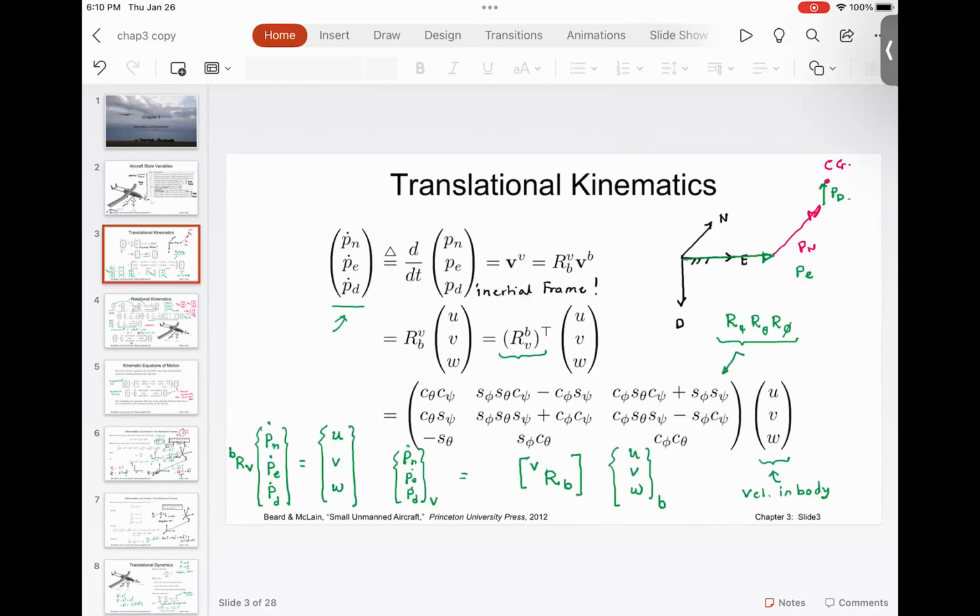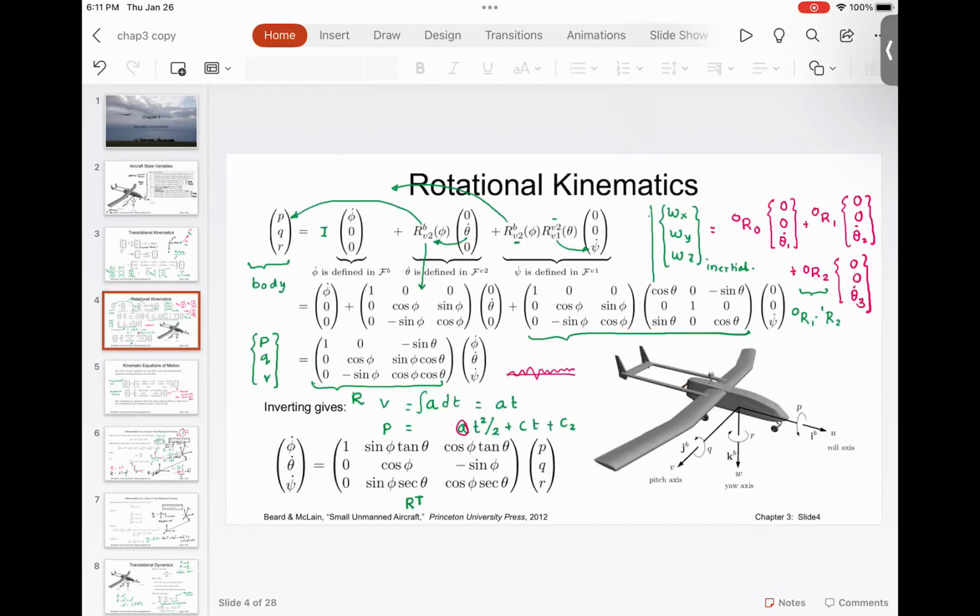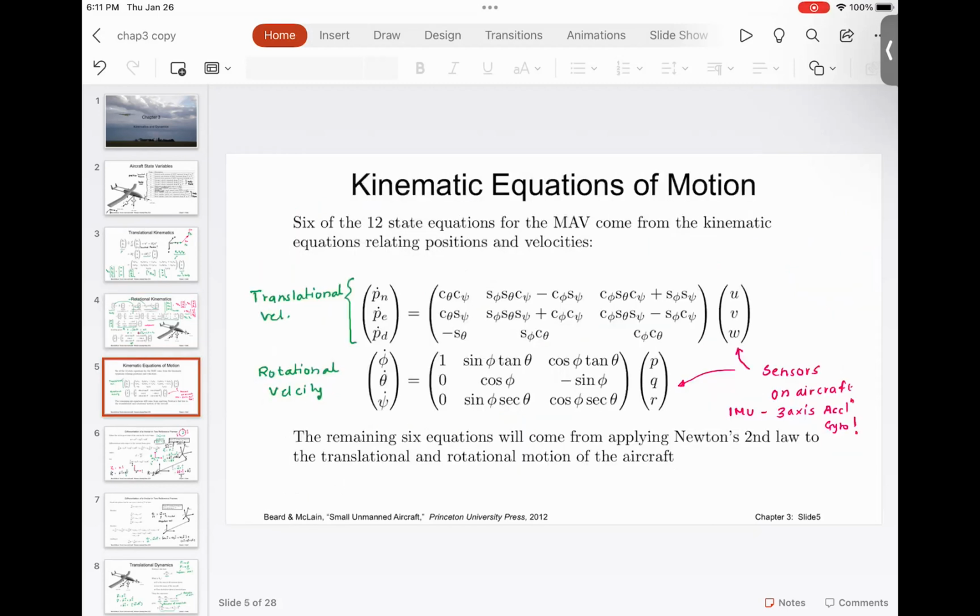We looked at the translational kinematics that gives us the relationship between the inertial frame and the vehicle frame. We then looked at the rotational transformation that gives us the relationship between the body angular velocities and the calculation of roll, pitch, and yaw. So these are the important equations for kinematics.